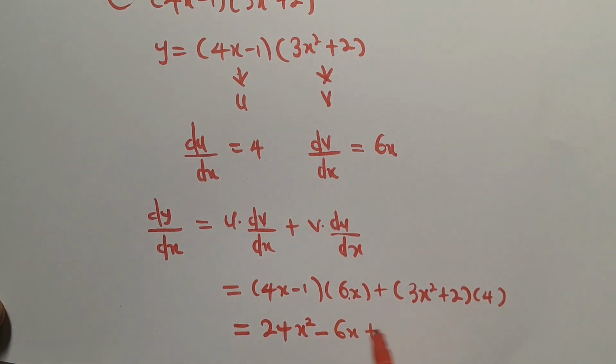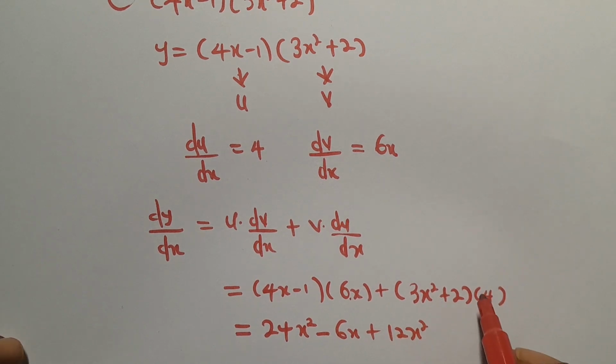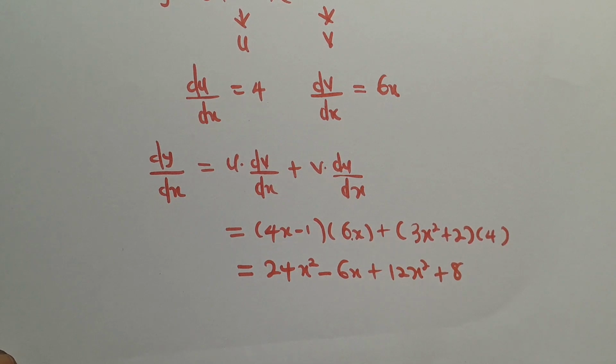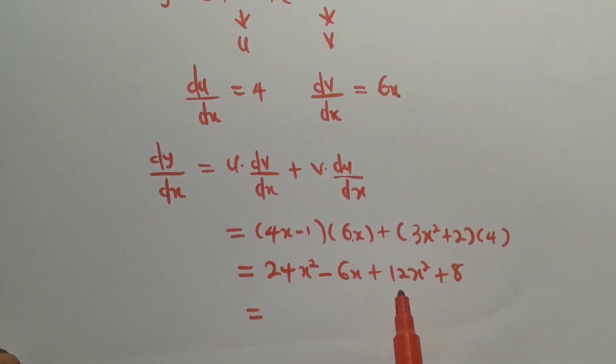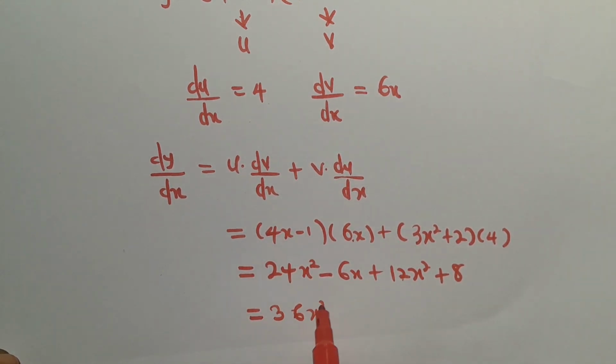Then 4 multiplied by 3x squared will be 12x squared. 4 multiplied by 2 will be plus 8. 12x squared plus 24x squared will be 36x squared minus 6x plus 8. So therefore we can declare our first derivative: dy/dx equals this.